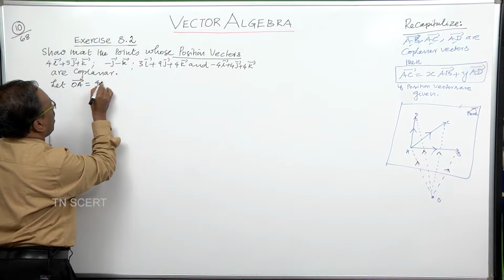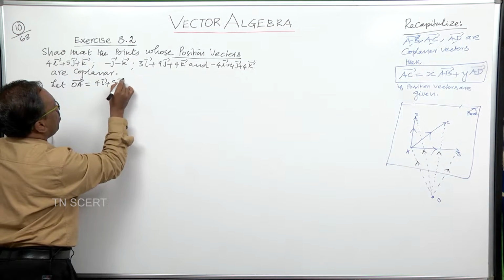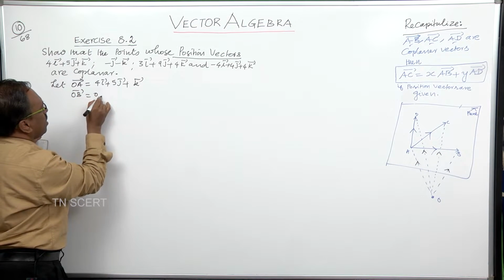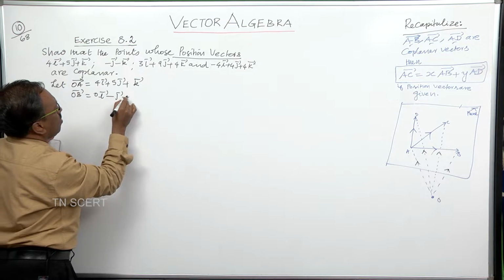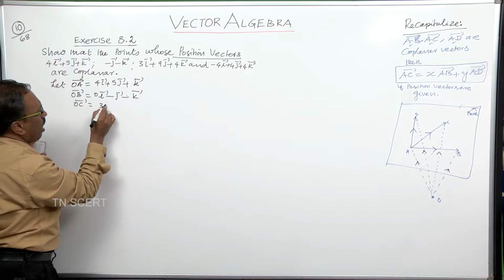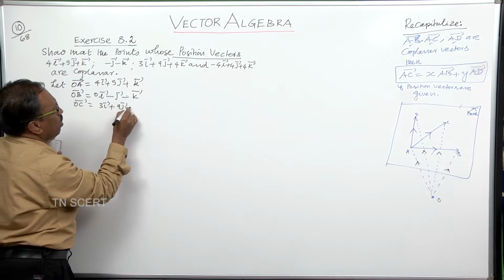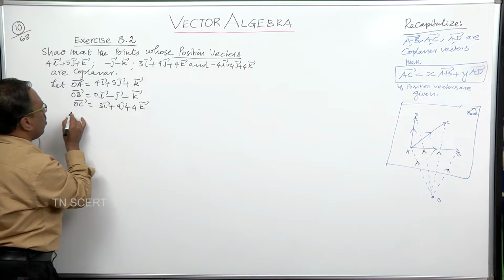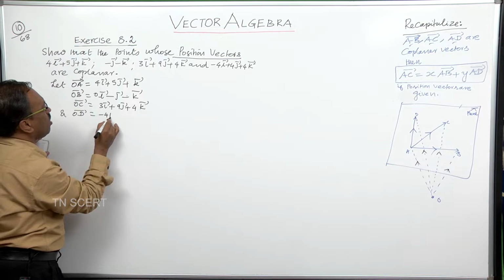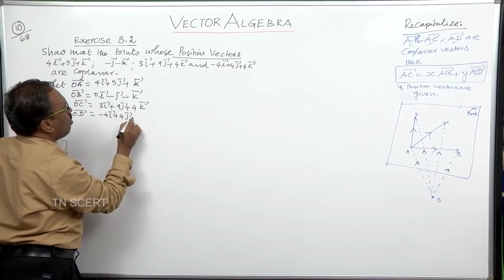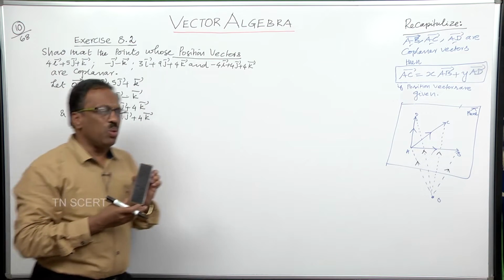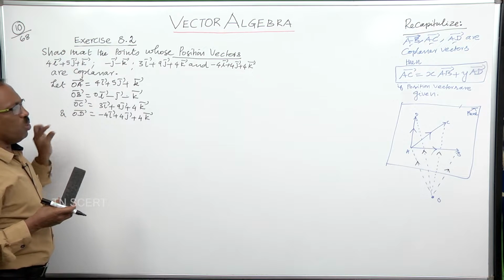The OA vector is 4i plus 5j plus k, and the OB vector is 0i minus j minus k, and the OC vector is 3i plus 9j plus 4k, and the OD vector is negative 4i plus 4j plus 4k. These are the 4 representations of vectors.